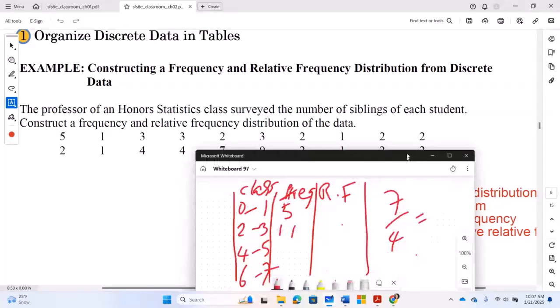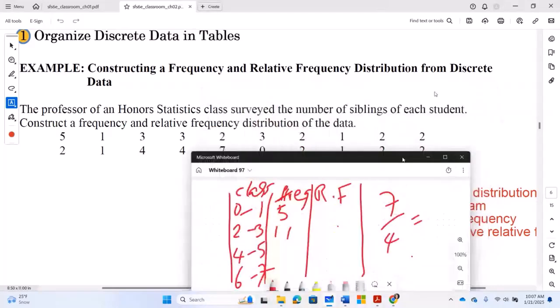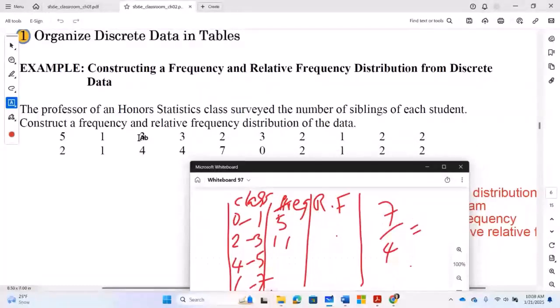We did it right. So the next class is 4 to 5. I have 1, 2, 3. That's it.